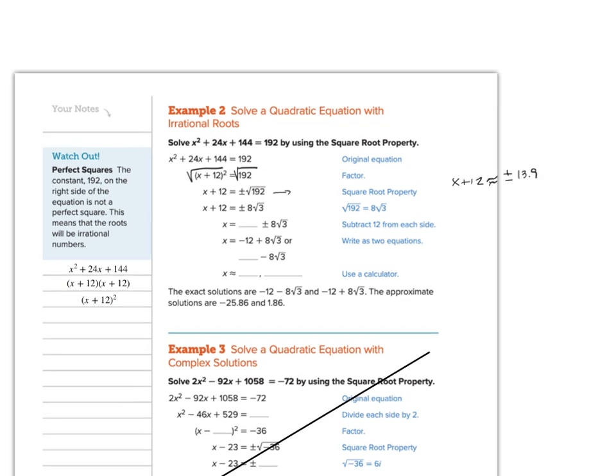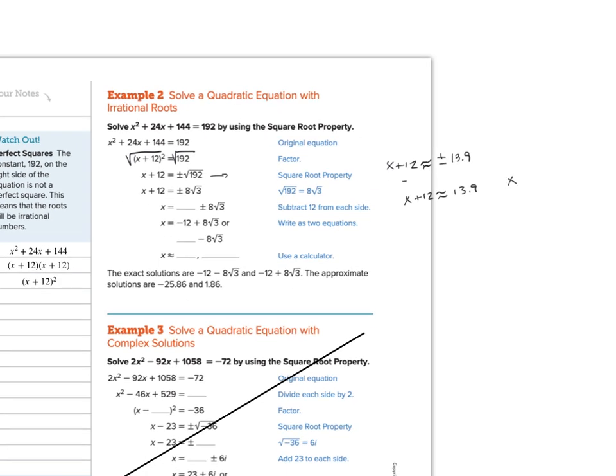The approximate square root of 192 is 13.85 and some decimals. I just rounded it to 13.9. Again, it's an approximation now because we rounded it, and then you could have x plus 12 is approximately equal to a positive 13.9, or x plus 12 is approximately equal to a negative 13.9, and then we can solve the same way.